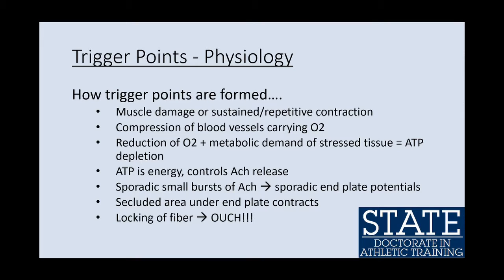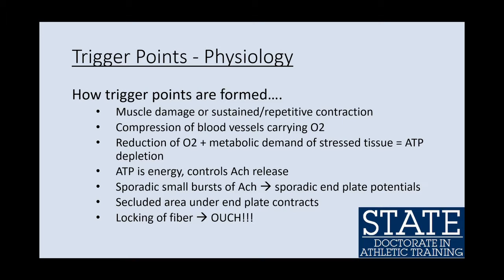However, say that a muscle is injured or damaged, or it goes through a sustained or repetitive contraction. The muscle damage or contraction will compress the local blood vessels, which in turn will decrease oxygen to that area. Remember, oxygen is brought through the blood vessels.